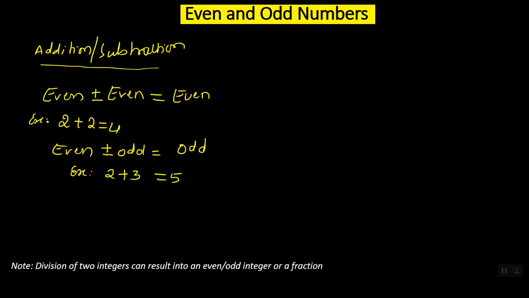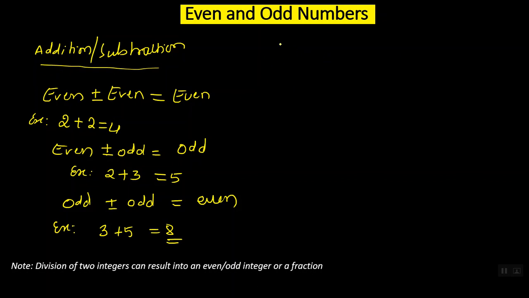This is an example, okay? And an odd number added or subtracted with another odd number is even. Example, 3 plus 5 is 8, where 8 is an even number, isn't it? So these are the things we need to know.